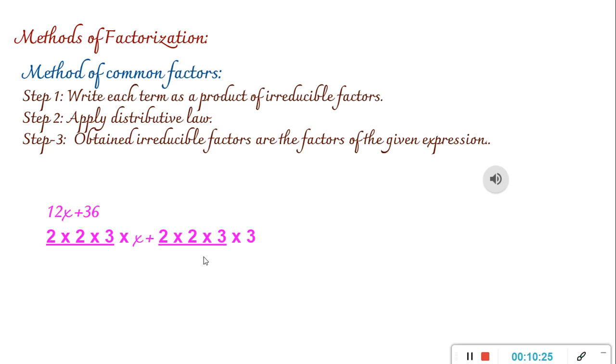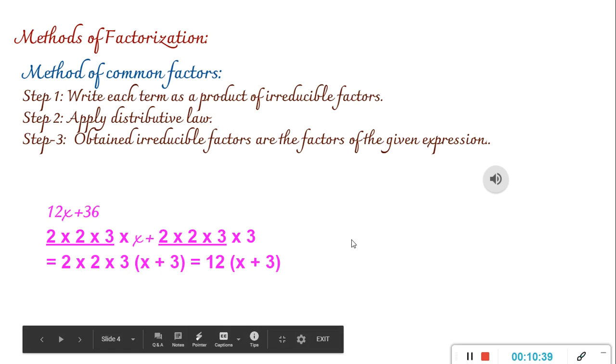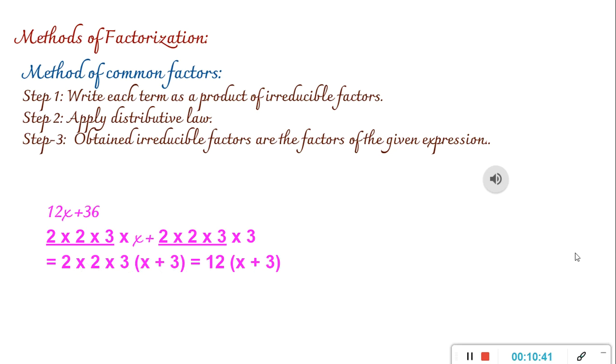This is equal to A into B plus C. So you can write it as 2 into 2 into 3 into x plus 3. That means 2 twos are 4, 4 threes are 12. So 12 into x plus 3 is the factor form of this expression.